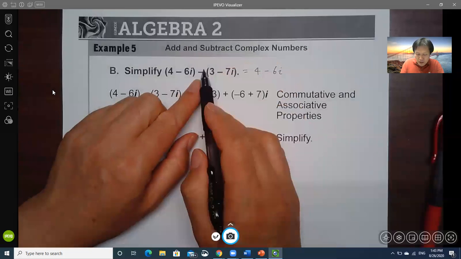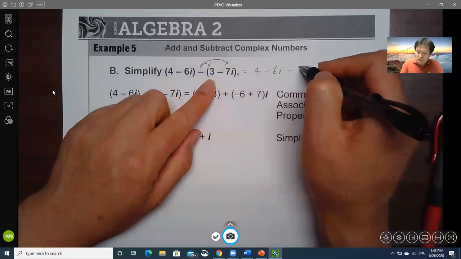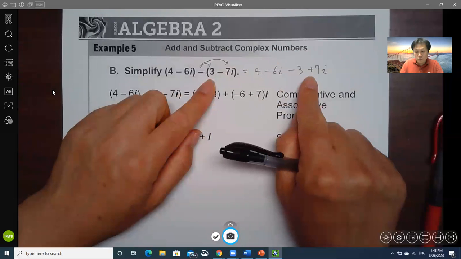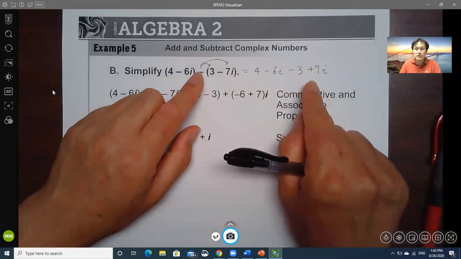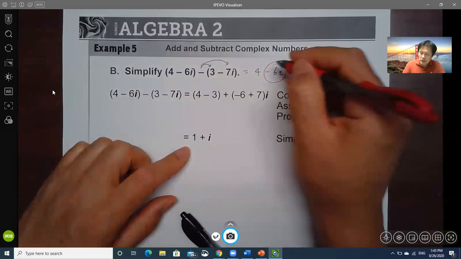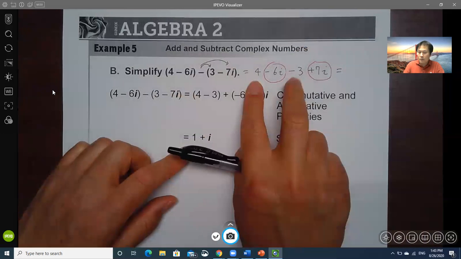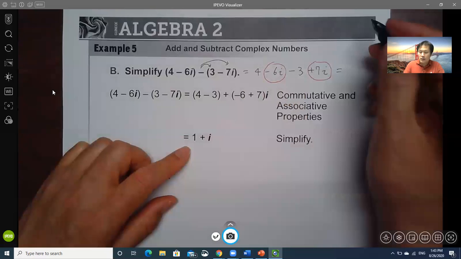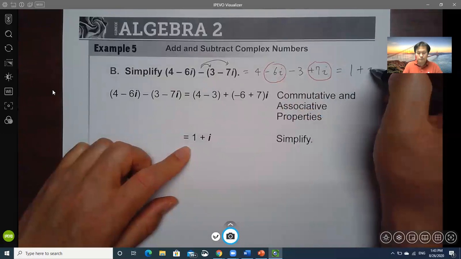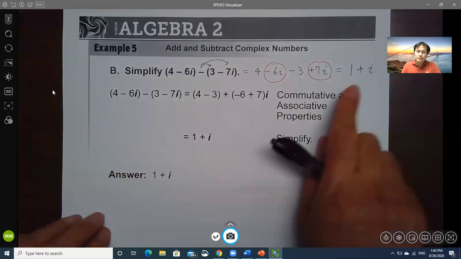So you're distributing minus 1, and it becomes minus 3 plus 7i. I do lose some of you on this. If you don't distribute the minus, you make a mistake. Be careful. Yes i, yes i, no i. So 4 minus 3 makes 1. Yes i, yes i, minus 6 plus 7 is plus 1. 1 you don't have to write. 1i is the same as i.